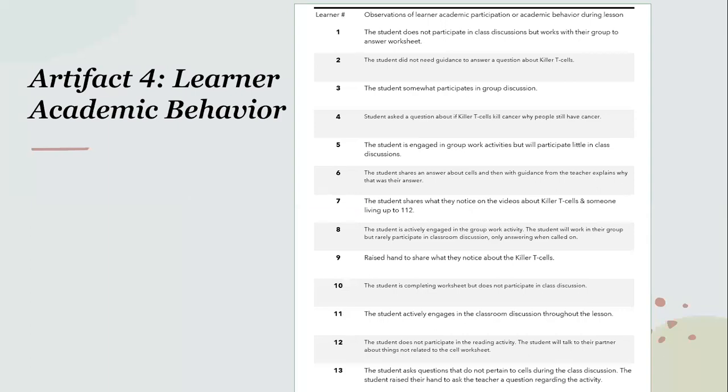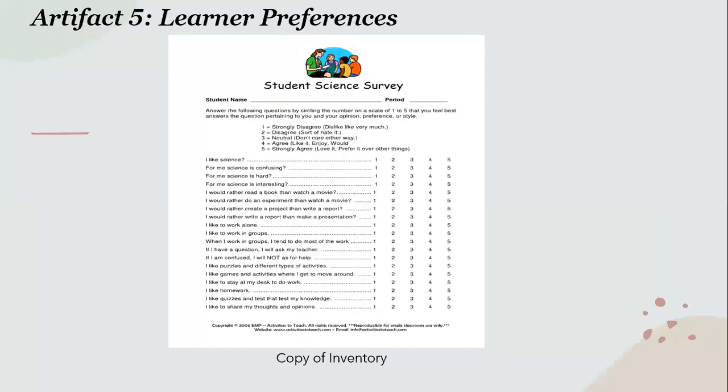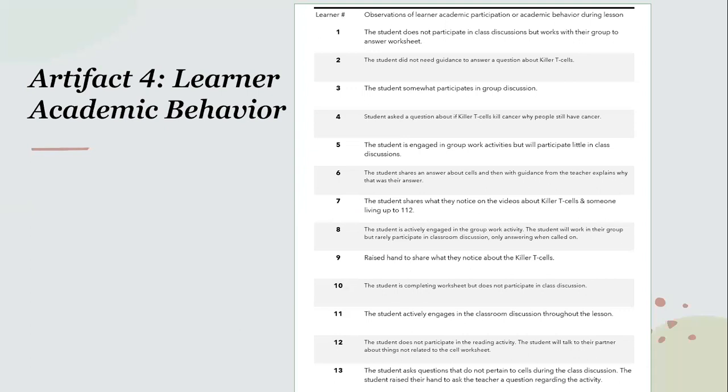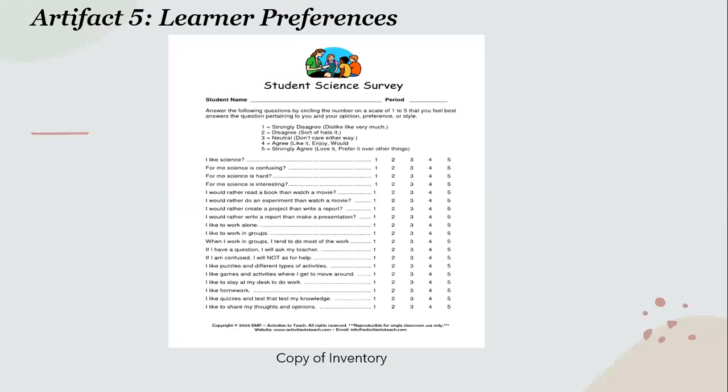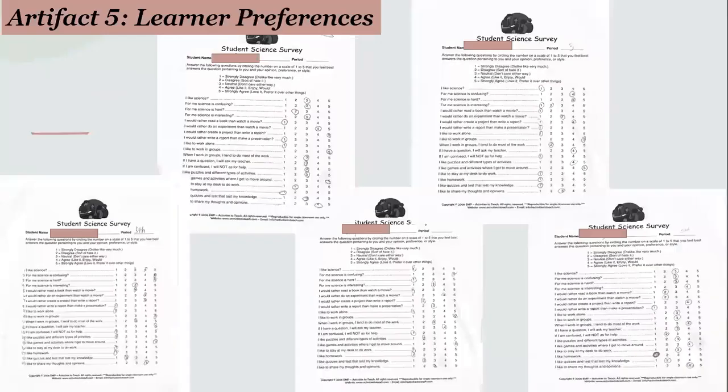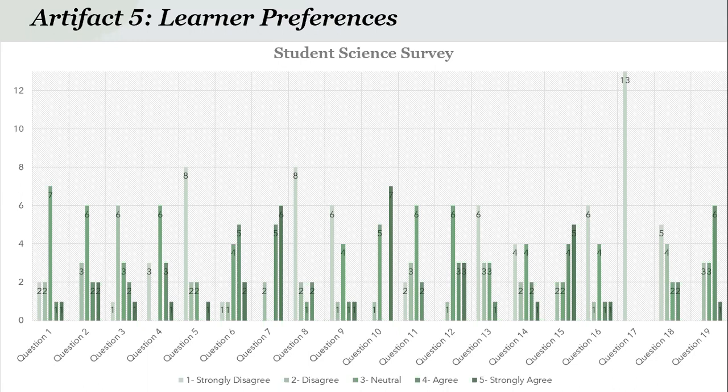So this was her chart of learner academic behavior. And then this is the learner preferences. She used a science survey. This was a science class. These are the learner artifacts for that. And then this is her visual.